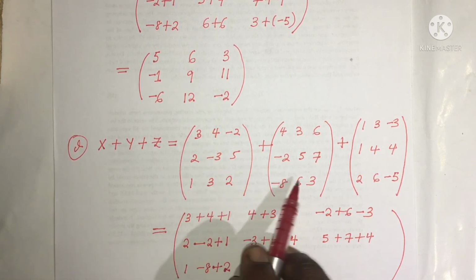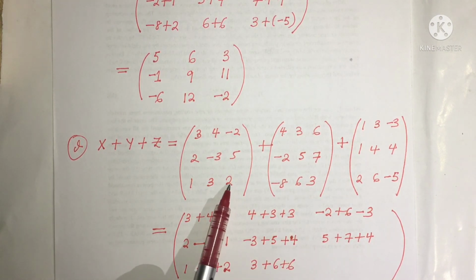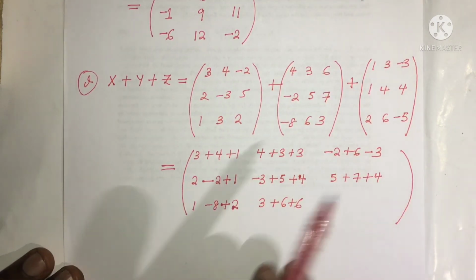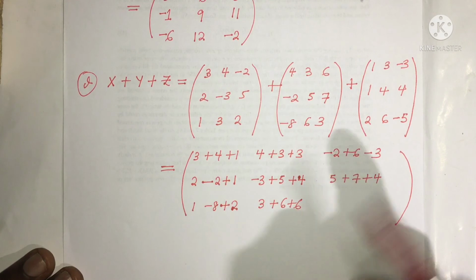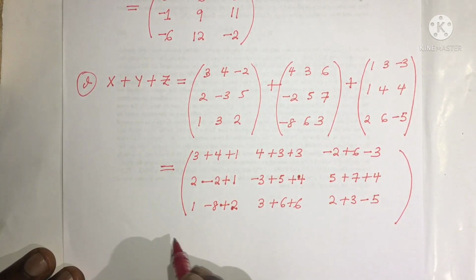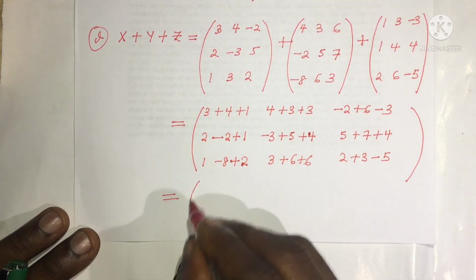And 3 would add to 6 and to 6, so this will be 3 plus 6 plus 6. Then finally, 2 would add to 3 and to minus 5, and that will give us 2 plus 3 minus 5.